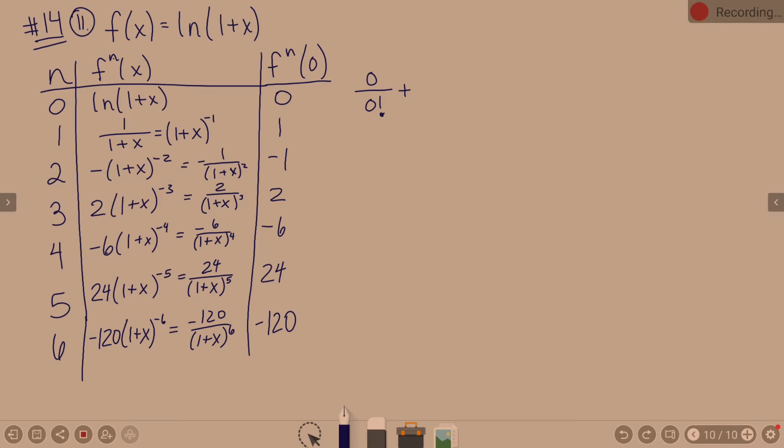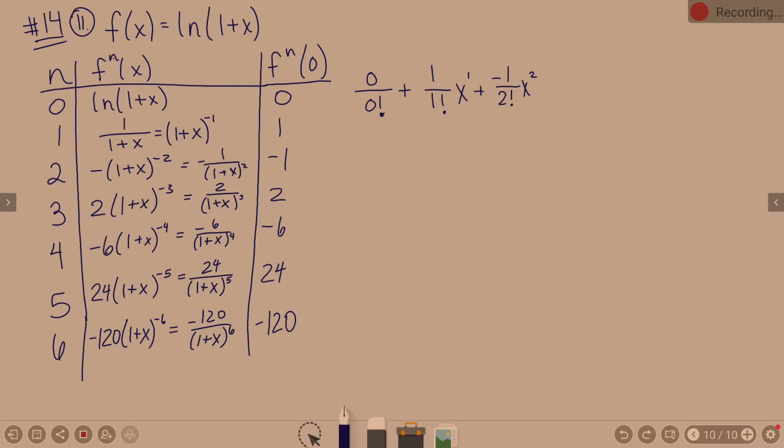Plus. Now we're going to do when n is 1. Well, we got 1 in the right column, plugging it in, over 1 factorial x to the first. Plus. Okay, when n is 2, we got negative 1 over 2 factorial x to the second.